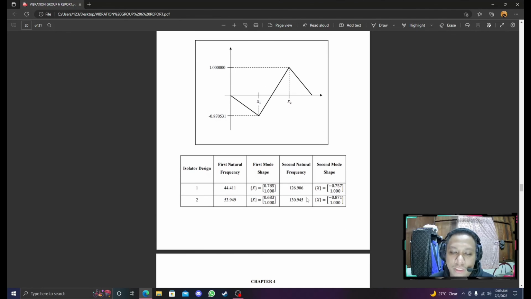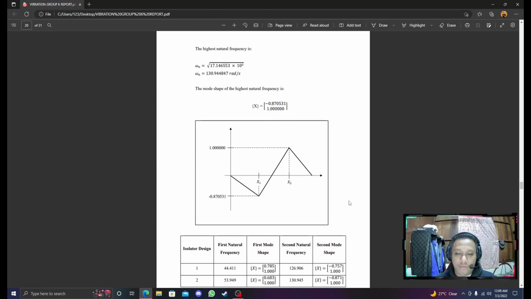The second natural frequency for design 1 is 126.906. For design 2, 130.945. And the second mode shape x equal to negative 0.757 and 1.000, and x for the second design is negative 0.871 and 1.000. That's all from me.